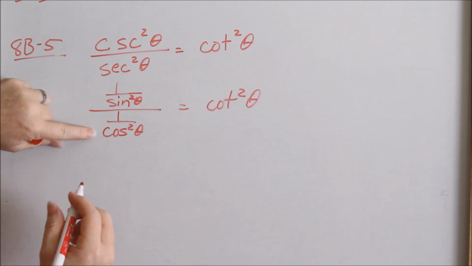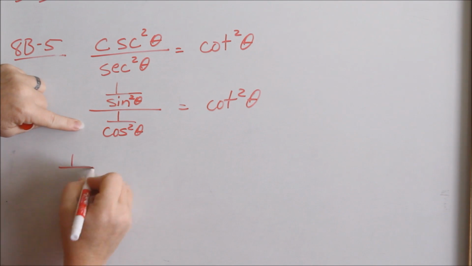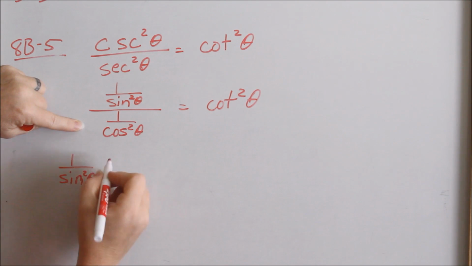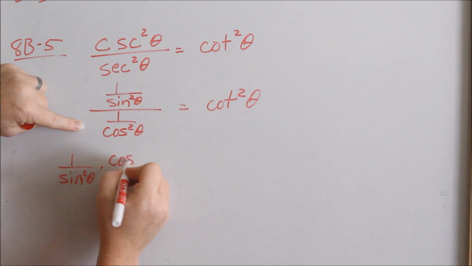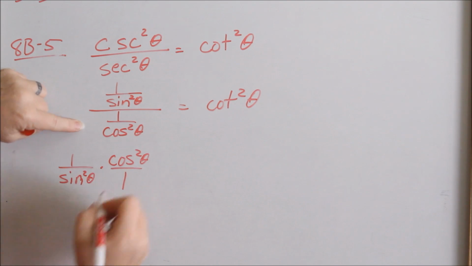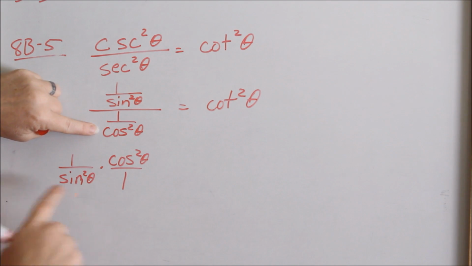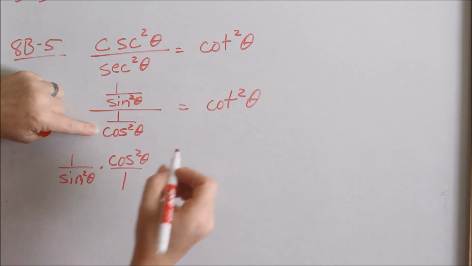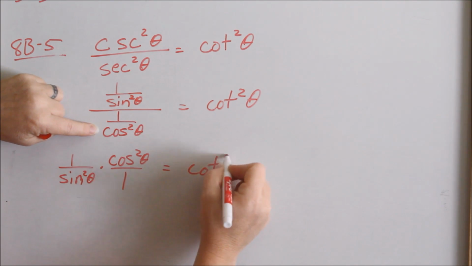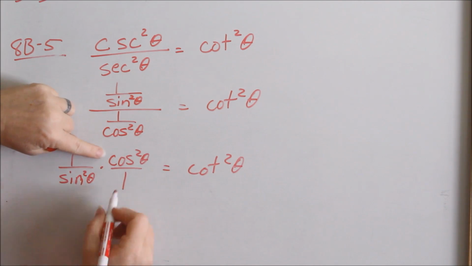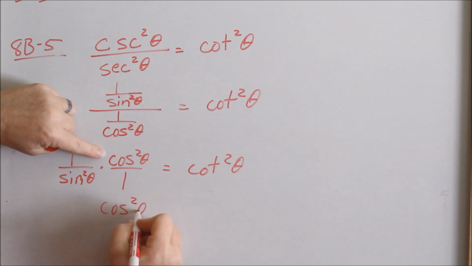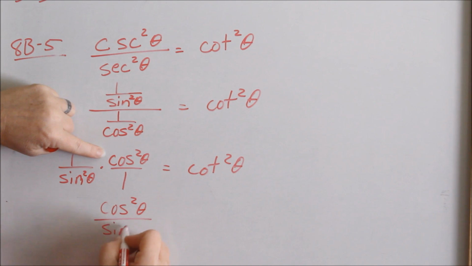So this becomes 1 over, you flip the second one, that becomes sine squared times cosine squared theta over 1. I took this one, flipped it, and multiplied. So now the left-hand side becomes cosine squared theta all over sine squared theta.